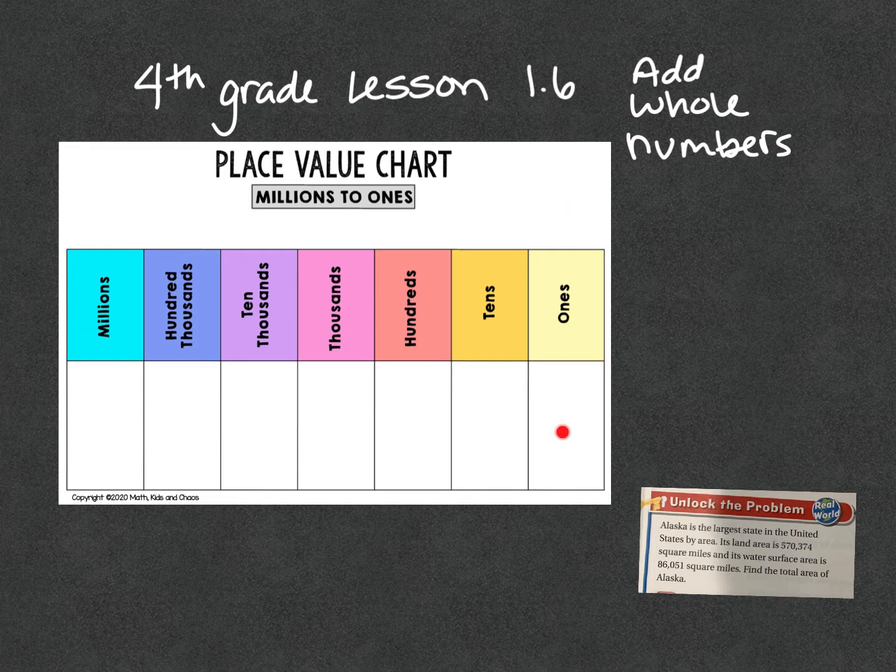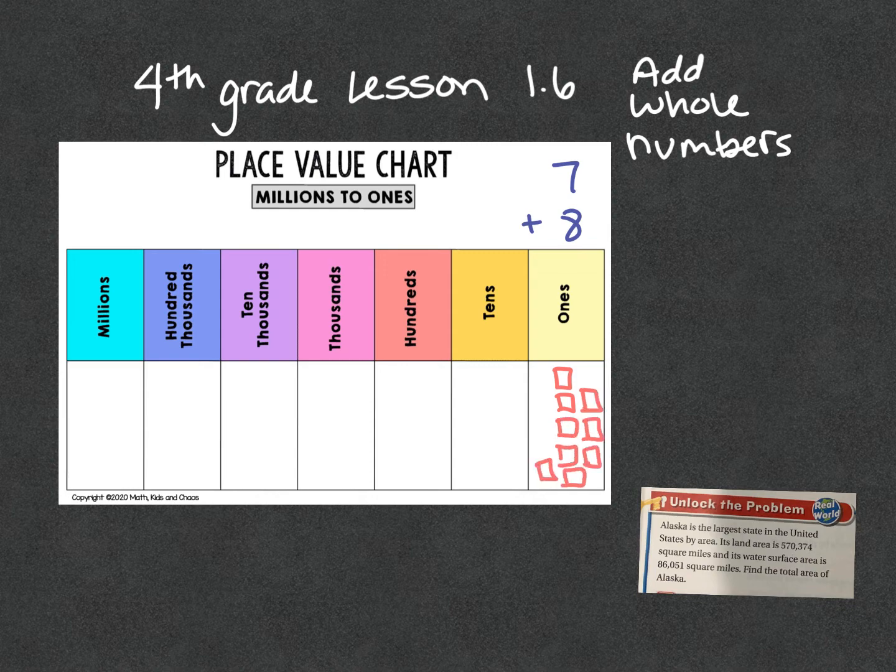Sometimes we'll add up our ones column, our tens column, our hundreds column, and there won't be enough room in those columns to fit. For example, let's say I add up 7 plus 8. This ones column can only hold 9 little ones cubes. That's the maximum.